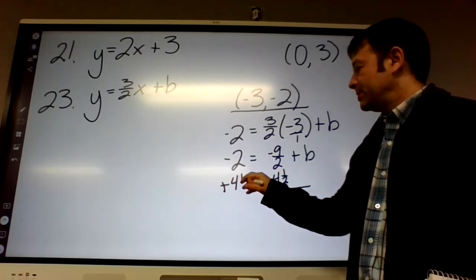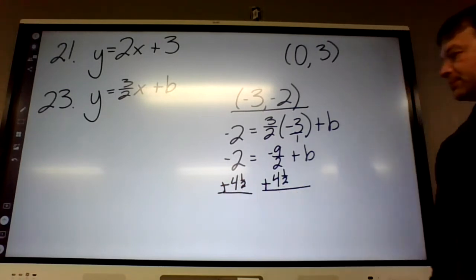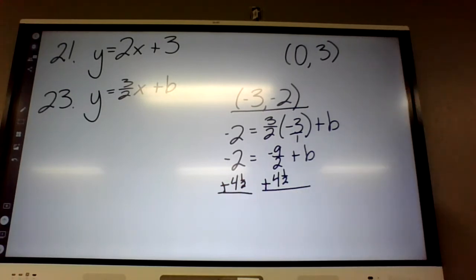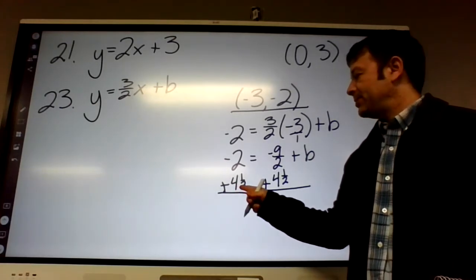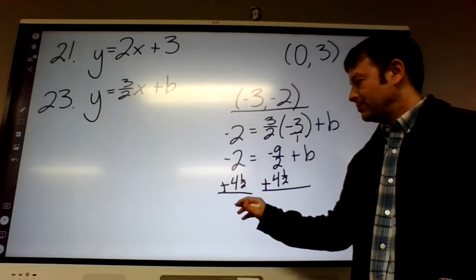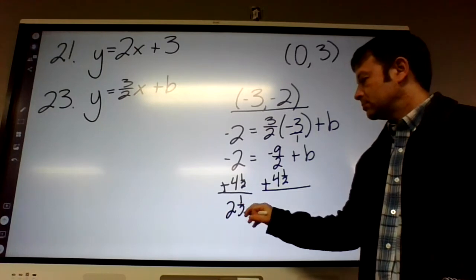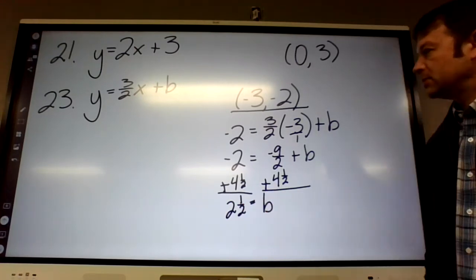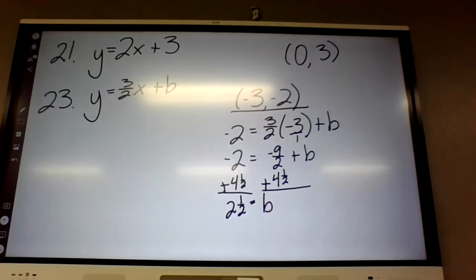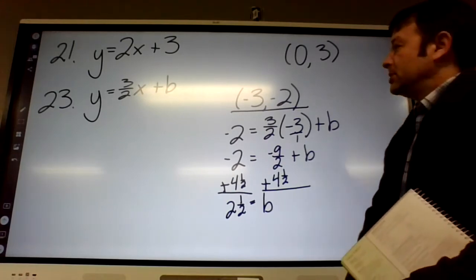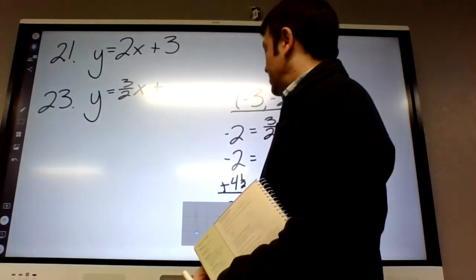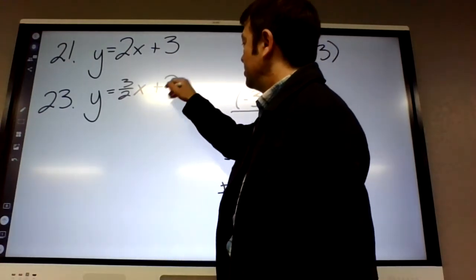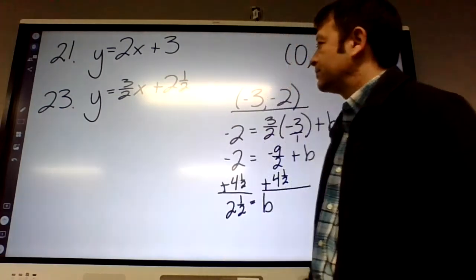It'd be easier to do that, probably. You guys know what -2 plus 4.5 is? Same thing as 4.5 minus 2. The book probably put 5/2 like the improper form, but anyway, that's the b value. So we need to go back up here and turn b into 2.5.